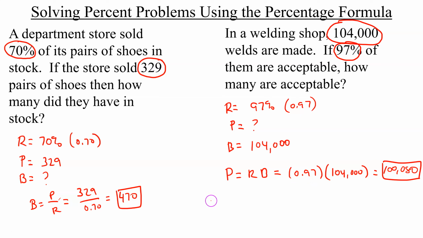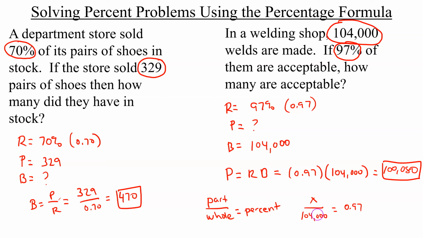Now, like I said in the beginning, I like to think of problems like this as part over whole equals percent. So if I was solving this problem, I would set up this, and I would say, okay, I don't know the number of welds that are acceptable, so I'm going to put an X there. My total number of welds, that's the whole, 104,000. And then my percent is 97%, or 0.97.